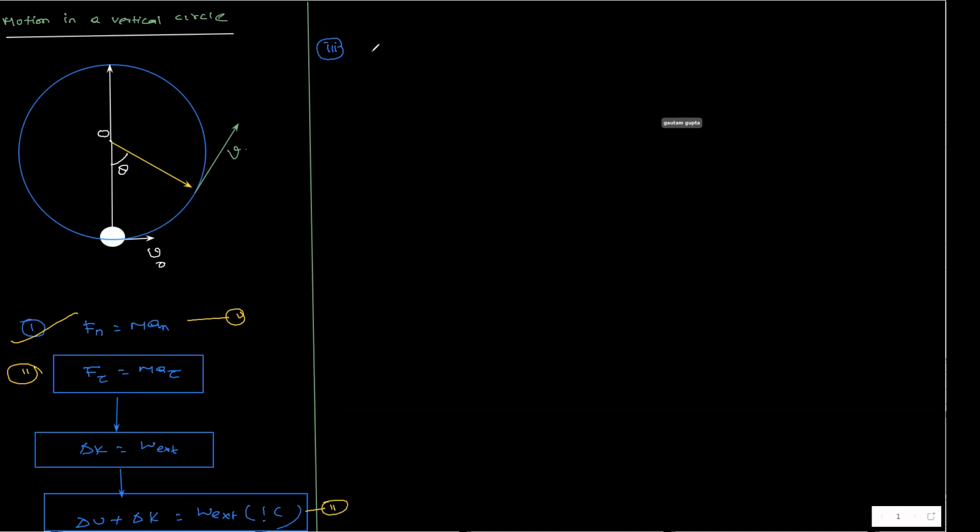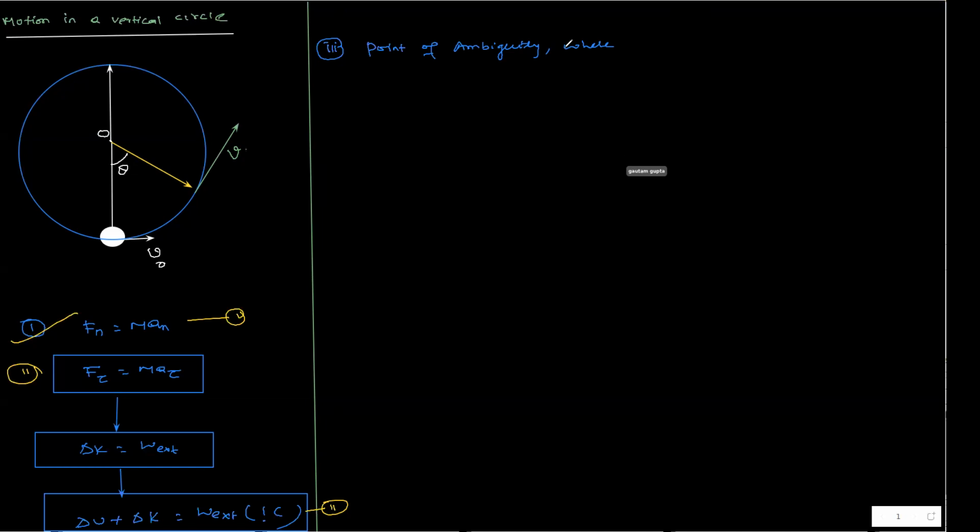So which is the point of ambiguity? The point of ambiguity is where you have to apply the condition, so that you find the condition for it to complete the circle.